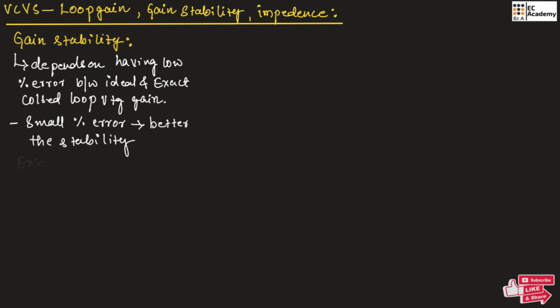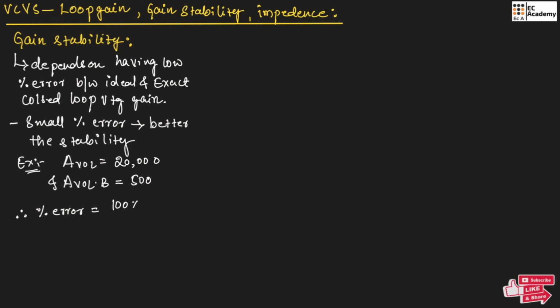For example, if we have AVOL as 20,000 and AVOL into B as 500, the percentage error will be 100% divided by 1 plus AVOL into B, which is 100% divided by 1 plus 500.